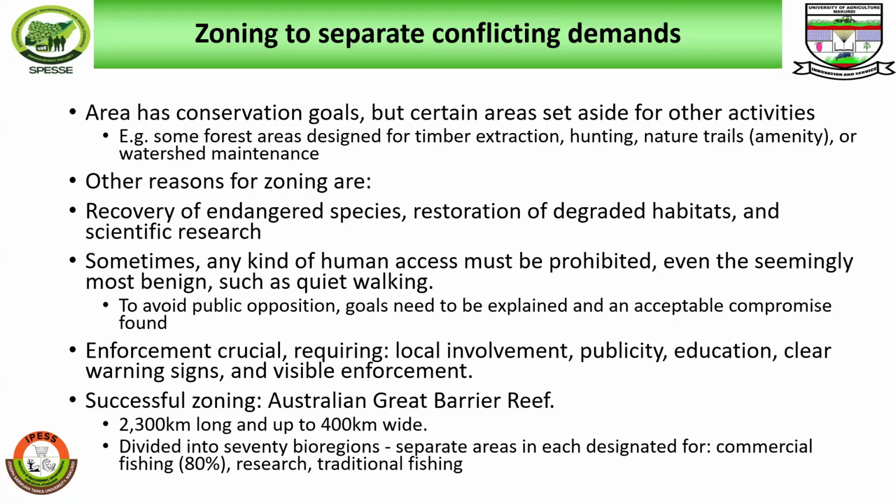But again, if you don't want public opposition, you need to explain what you are doing and then negotiate a compromise. Enforcement will be key, and that would involve local involvement, publicity, education, clear warning signs, and visible enforcement.